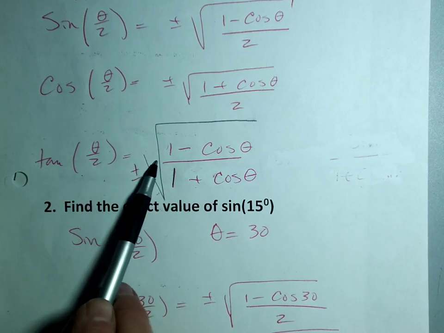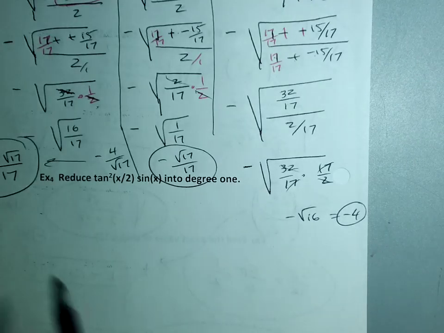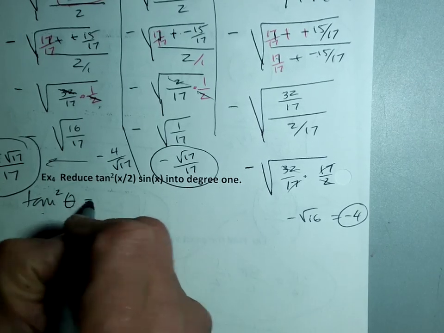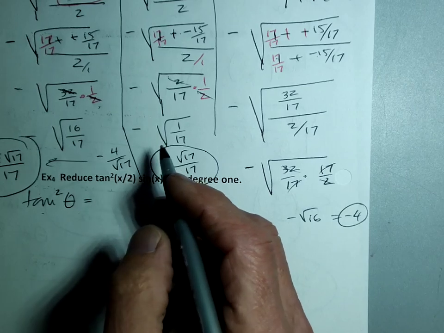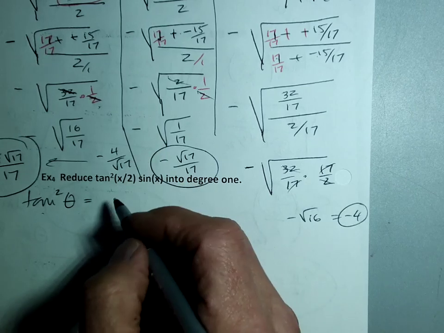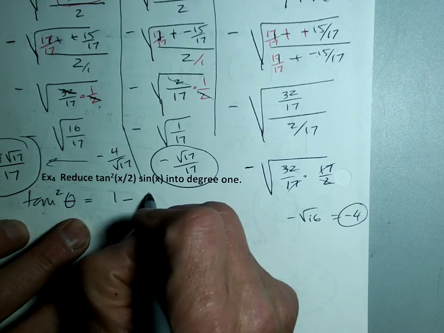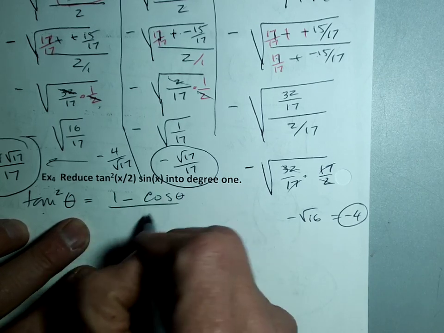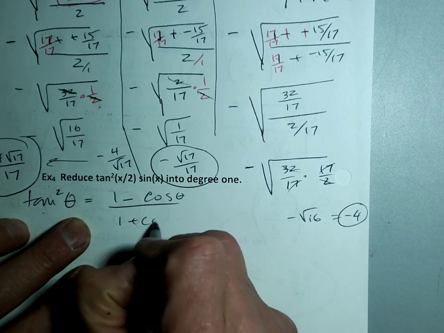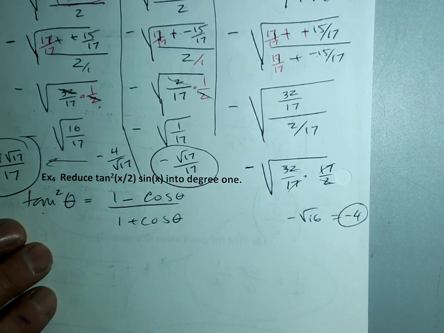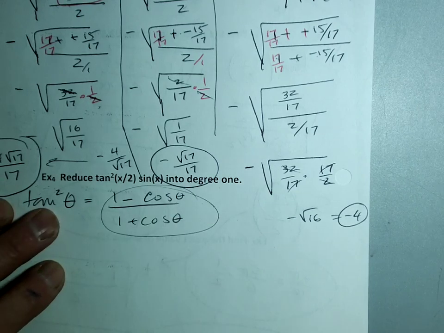If I square both sides, I'll get tangent squared of theta over 2 equal to, and that's one of the identities I didn't give you, but it's in the book, 1 minus cosine theta over 1 plus cosine theta, okay? So that identity becomes that.